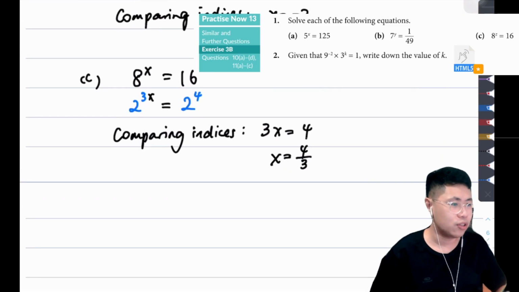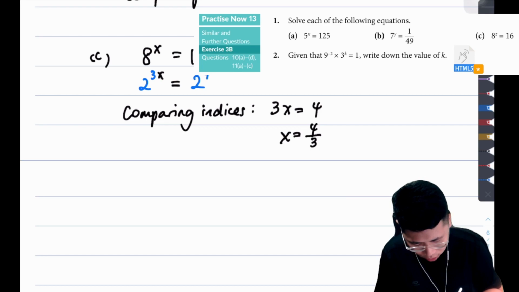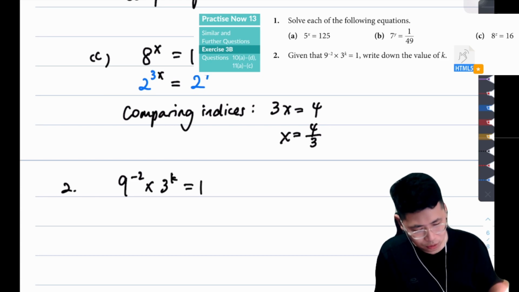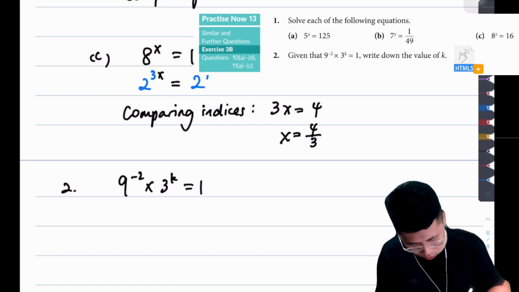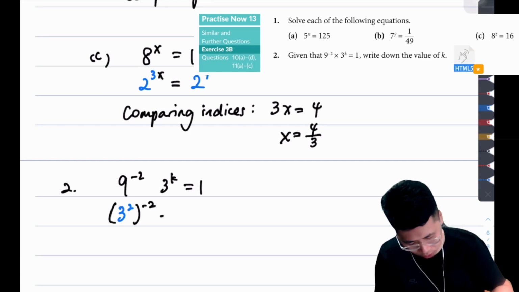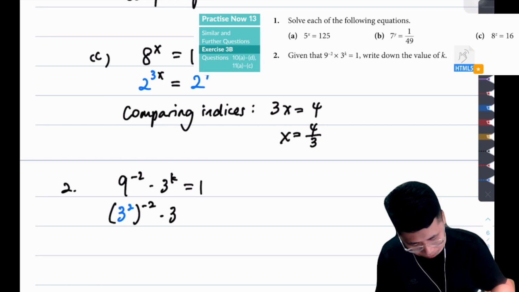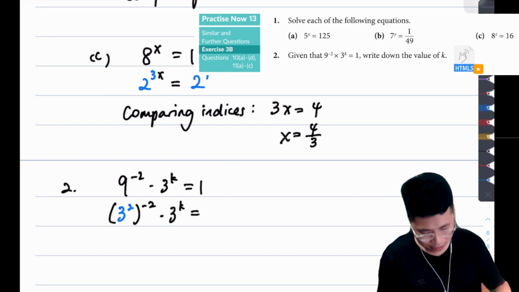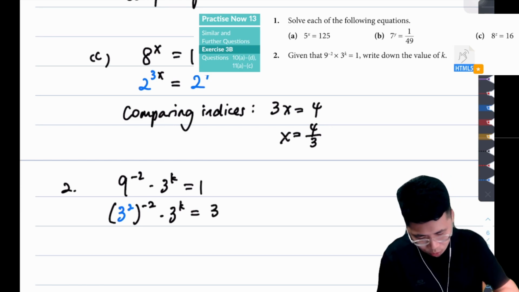And the last question of the day is to make use of this one over here. We have 9 to the power of negative 2 times 3k is equal to 1. So 9 itself is 3 to the power of 2, to the power of negative 2 times, okay, let me put a dot for times. Usually I don't dot, but to differentiate between this and x, I rather dot. So this one is equal to 3 to the power of something.